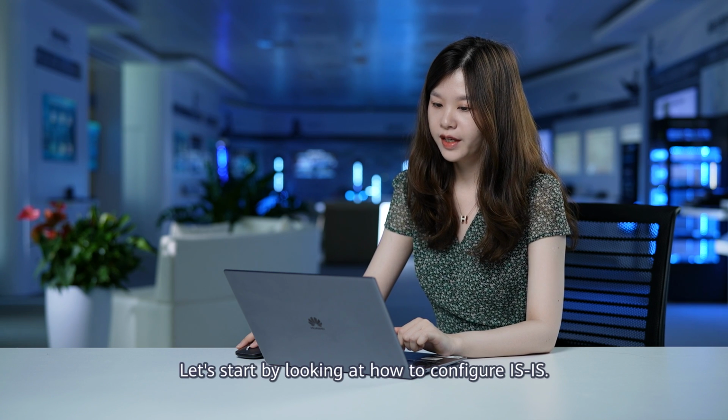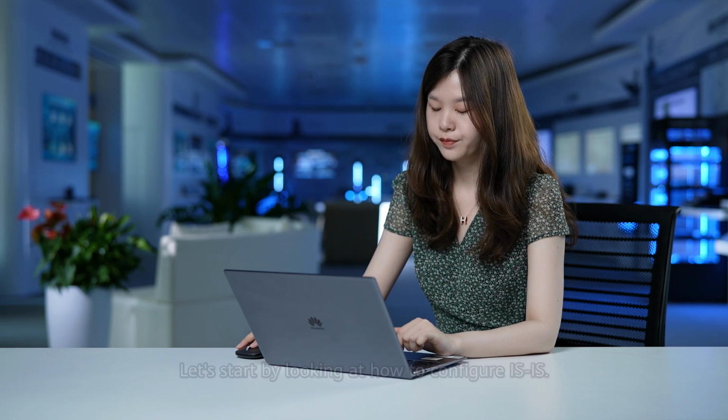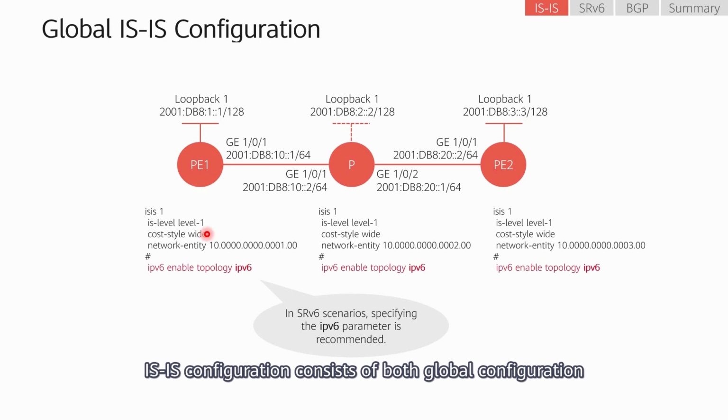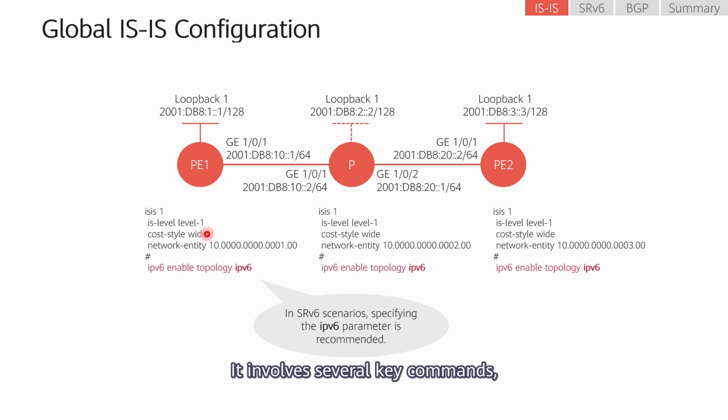Let's start by looking at how to configure IS-IS. IS-IS configuration consists of both global configuration and interface-specific configuration. We'll talk about global configuration first. It involves several key commands, the first of which is is-level. IS-IS supports both Level 1 and Level 2.